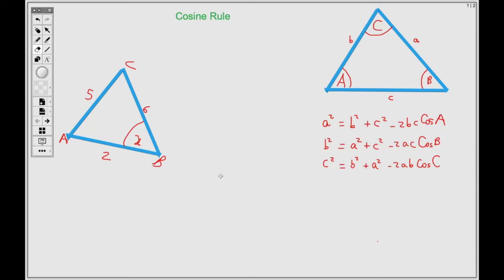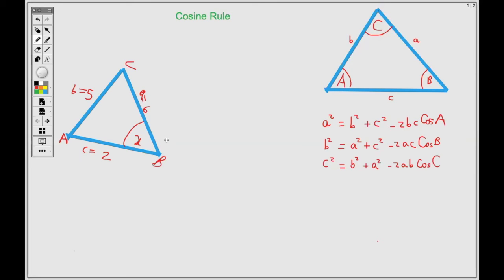Where we have capital C, that represents the angle in that position, and the side that is facing it is called side C. Also the same thing, this is facing capital B, which is the angle, so this is side B, and the next side will be side A, that is facing the capital A, which represents the angle.